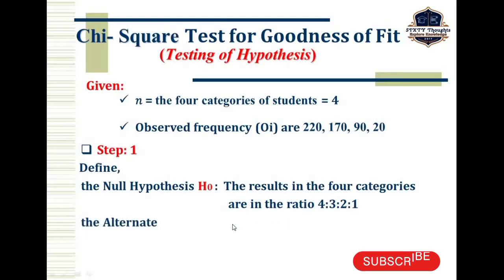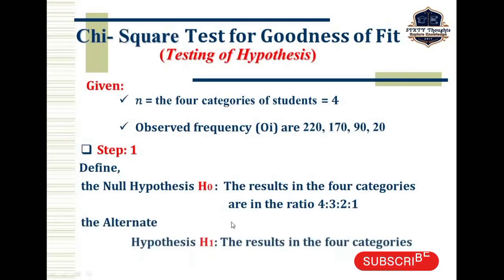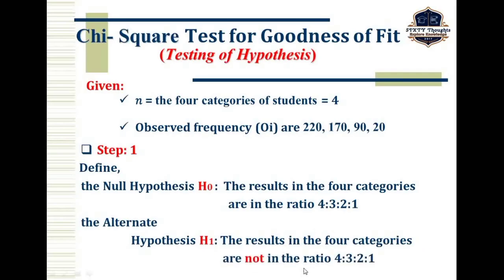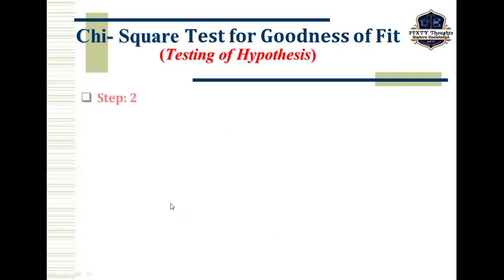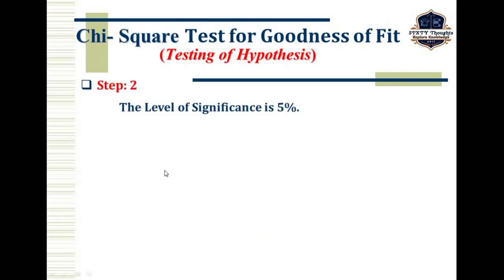Now we define the alternative hypothesis, H1: the results in the four categories are not in the ratio of 4 is to 3 is to 2 is to 1. We are going to decide which one is correct, either the null hypothesis or the alternative hypothesis. Step 2, we consider the level of significance as 5%.